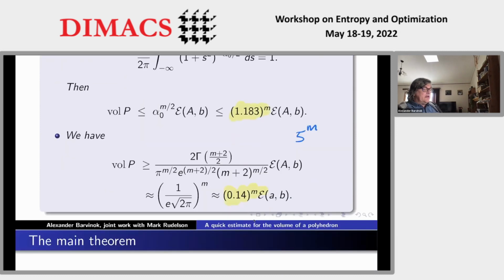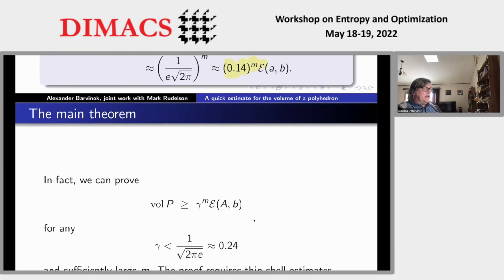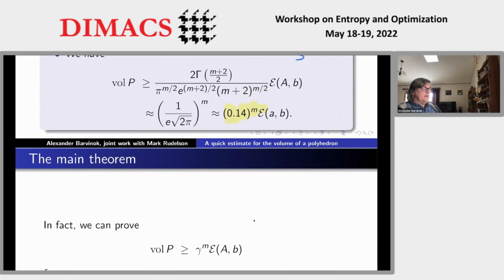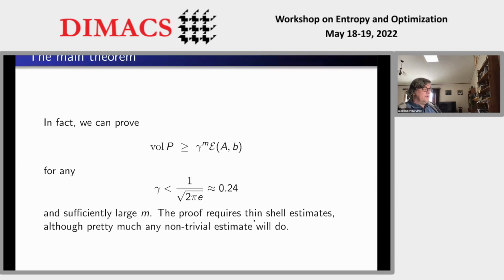We actually can improve this a little bit, 0.14 to like 0.24, but that requires really heavy machinery like the KLS and thin shell slicing conjecture, although we don't need them in full strength, we just need any non-trivial bound, like n to the 1/4, right?